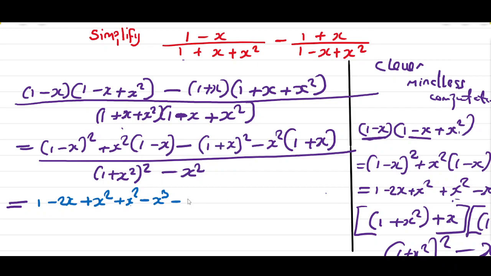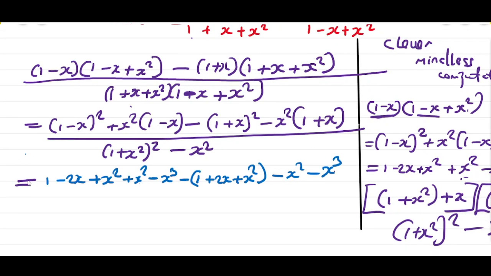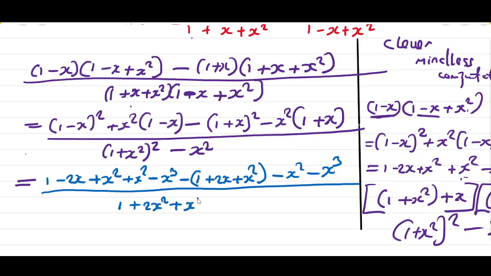So we'll be having negative 1 plus 2x plus x squared. Then this will be negative x squared minus x to the third power, all divided by, so slowly but surely we are getting close to the answer. All divided by 1 plus 2x squared plus x to the fourth power, then minus x squared.